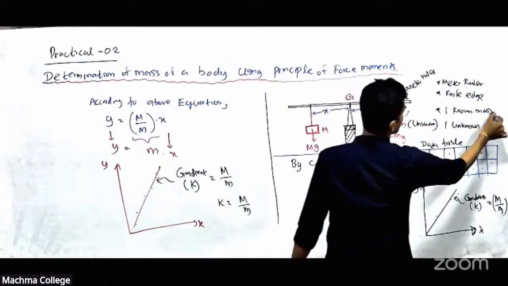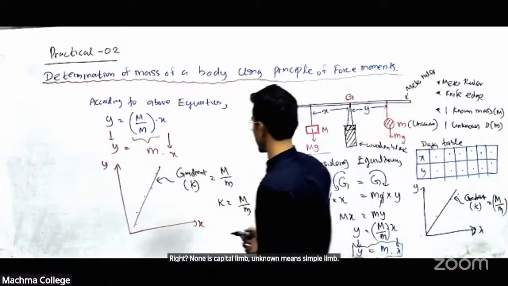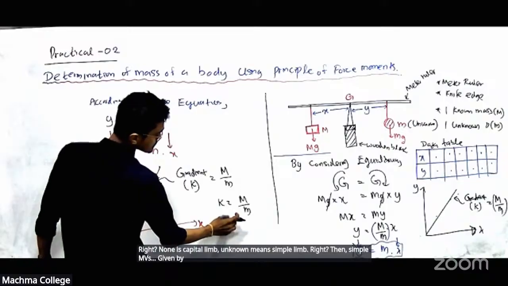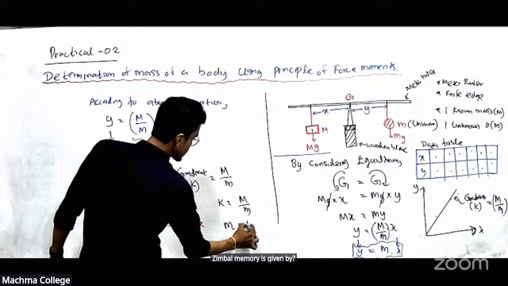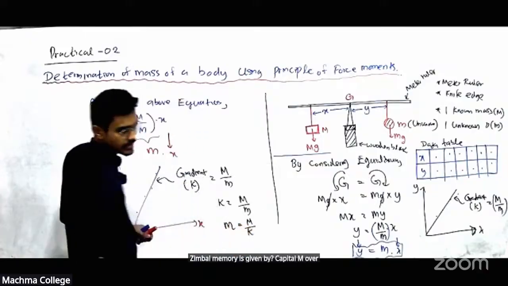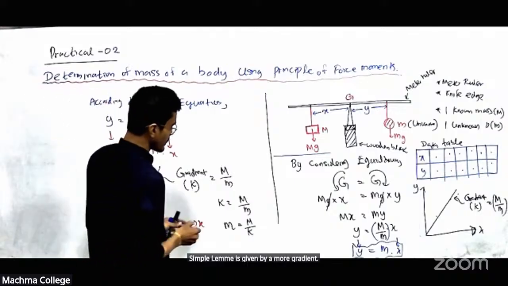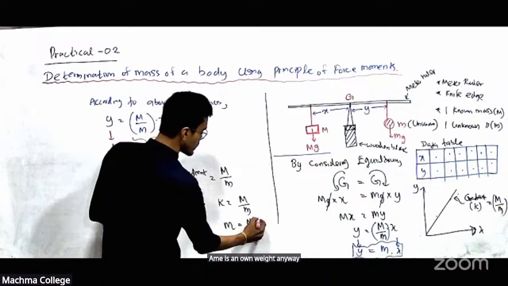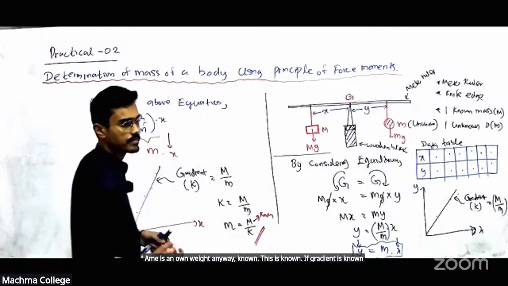Known is capital M, unknown is simple m. Then simple m is given by capital M over gradient. Capital M is a known weight anyway. If the gradient is known, simple m can be determined.